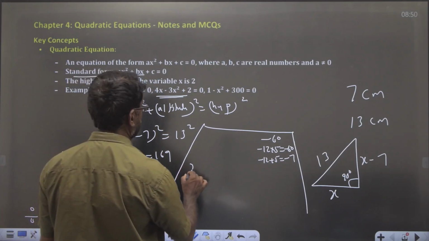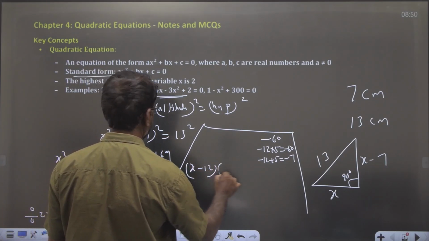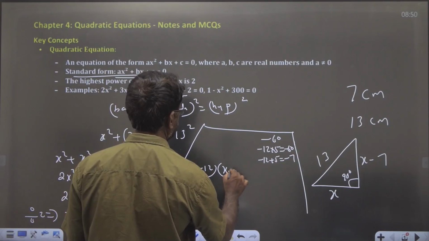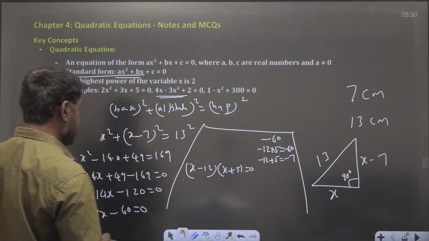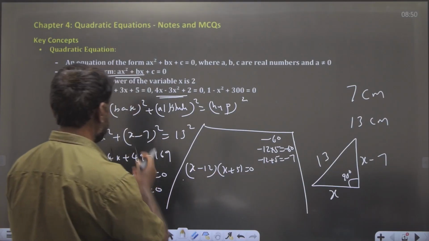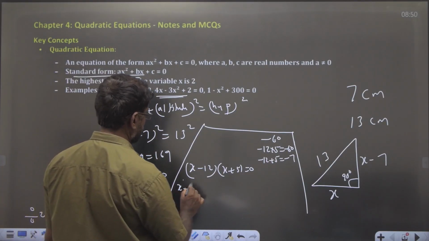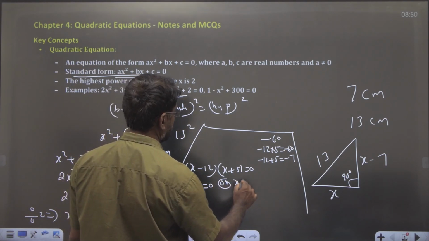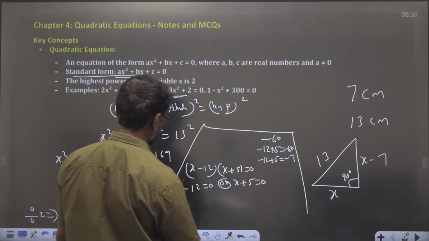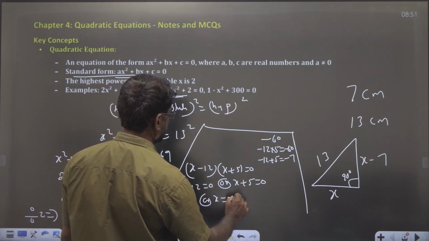So (x minus 12)(x plus 5) equal to 0. So x minus 12 equal to 0 or x plus 5 equal to 0. x is equal to 12 or x is equal to minus 5.